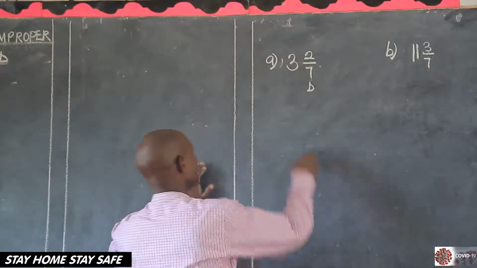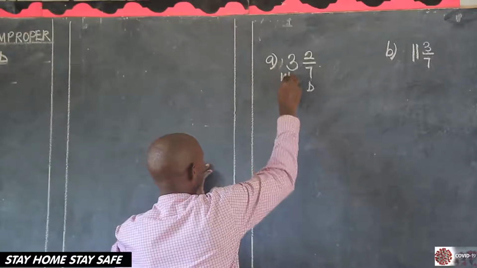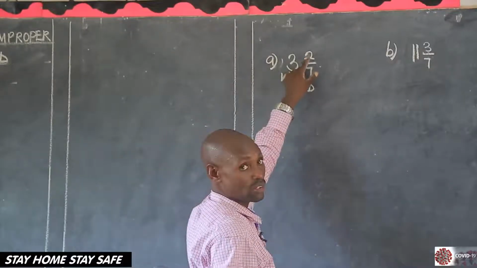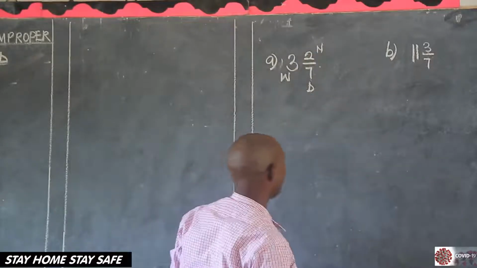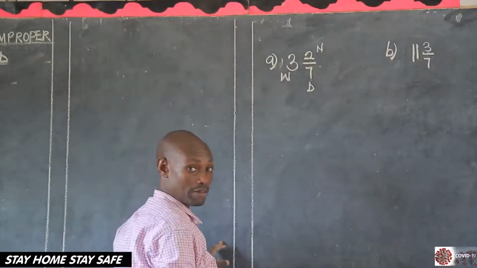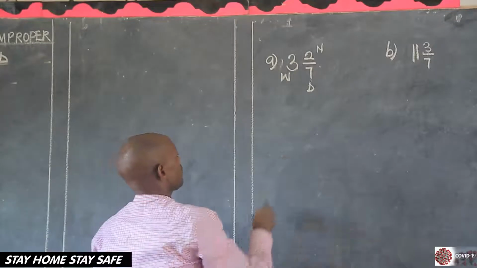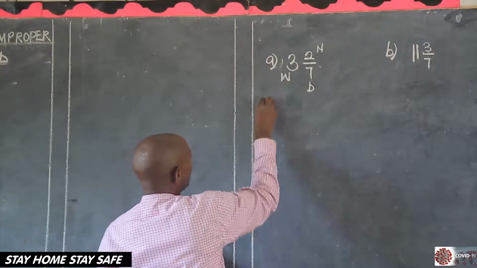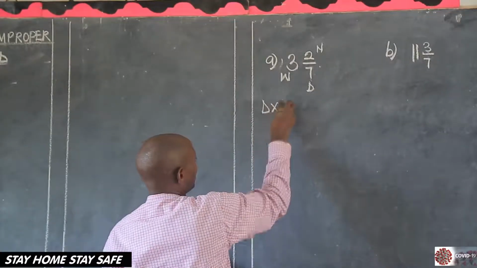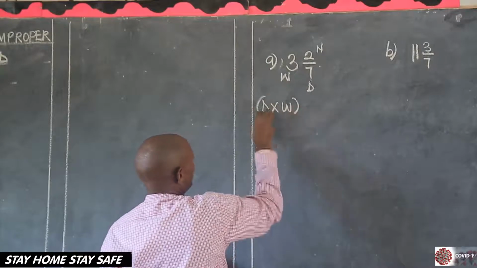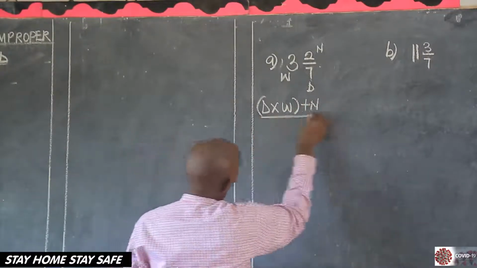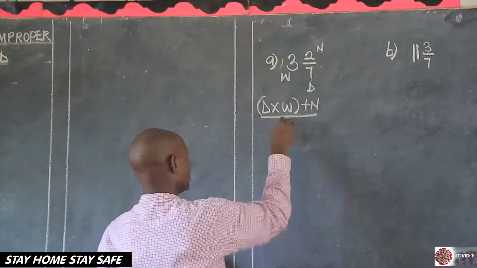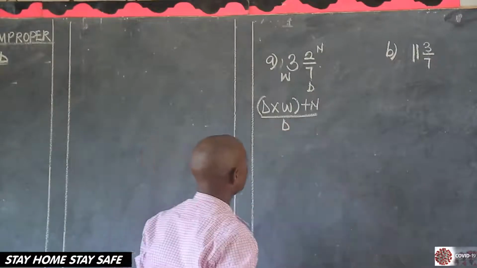Then this one is what we call the whole number, and this number on top here is what we call the numerator. Therefore, do you remember the formula? I hope you still remember. We begin with the denominator, you multiply it by the whole number, then you add on the numerator, and everything should be out of the denominator.